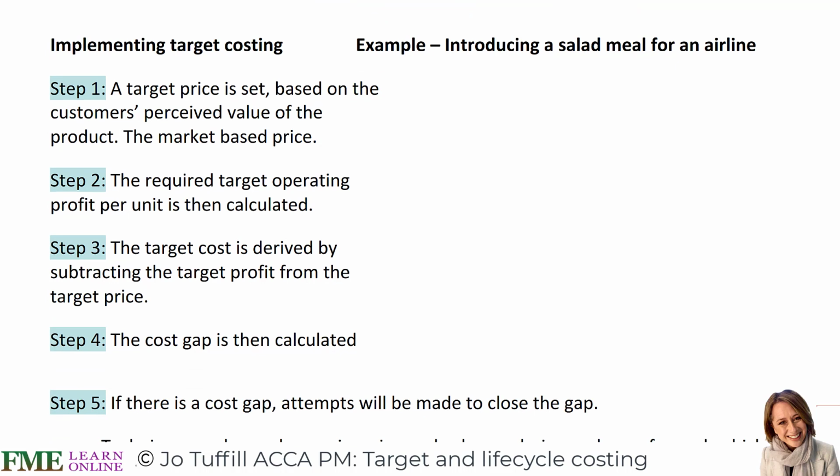There are 5 steps here. The first step is a target price is set based on the customer's perceived value of the product, which is the market price basically. So supply and demand would set the price. And let's imagine here it's going to be $15 for this salad.